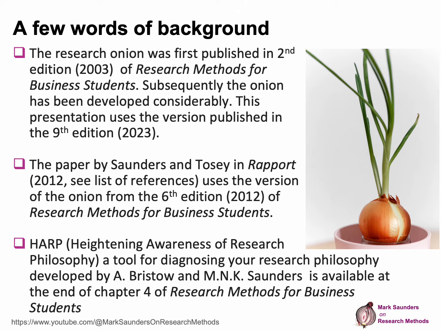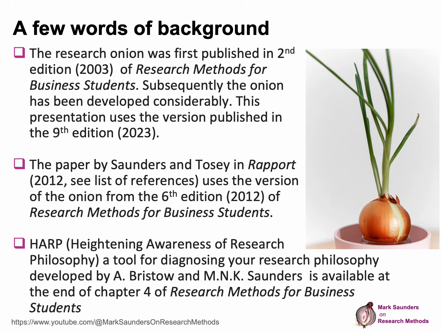There is also a short journal article on the research onion written by myself and Paul Tosey, which appeared in the journal Rapport in 2012. This article uses the version of the onion from 2012, which appeared in the 6th edition of Research Methods for Business Students, and it is not the same as the version we use in this presentation.